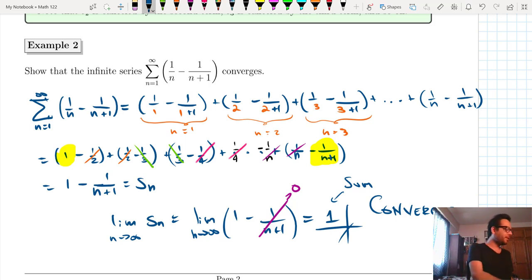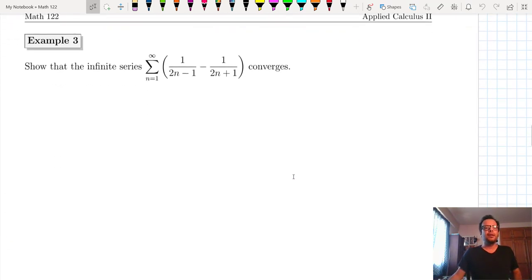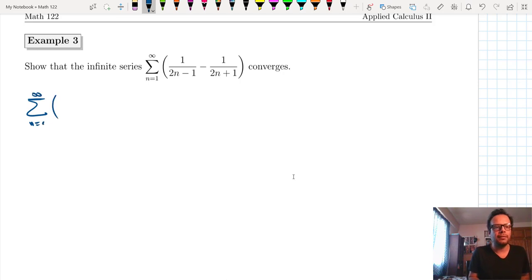Let's look at another example dealing with telescoping series. So let's show that this series converges. Let's write it down first. Sigma n equals 1 to infinity of 1 over 2n minus 1 minus 1 over 2n plus 1.